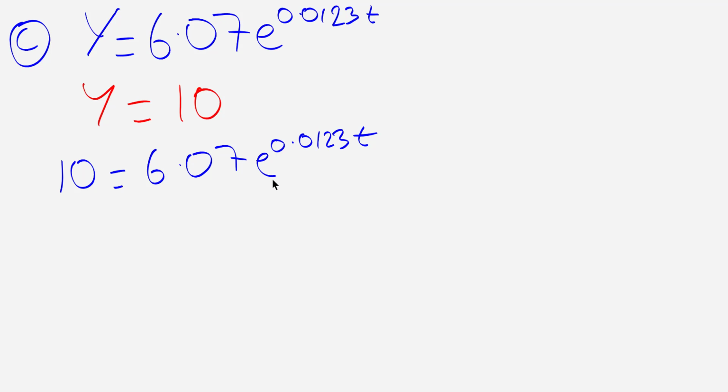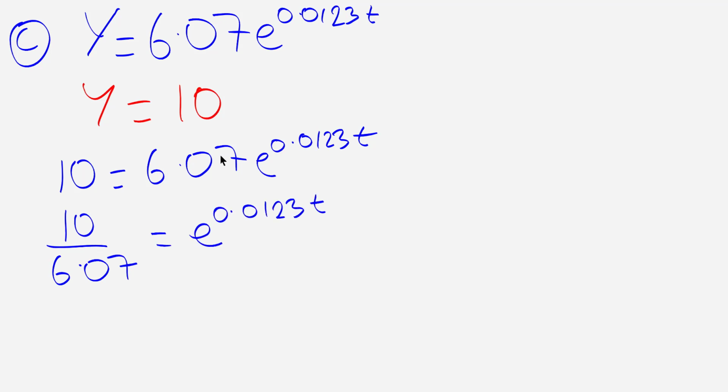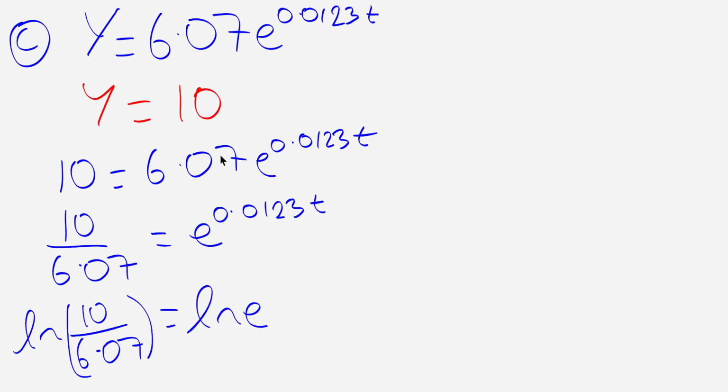This is a situation where we're trying to solve for the power of the exponential. So we're going to get the natural log of both sides. But before we do that, we'll divide both sides by 6.07. So 10 over 6.07 equals e to the power of 0.0123t. Then we get the natural log of both sides. So the ln of 10 divided by 6.07 equals the ln of e to the power of 0.0123t.